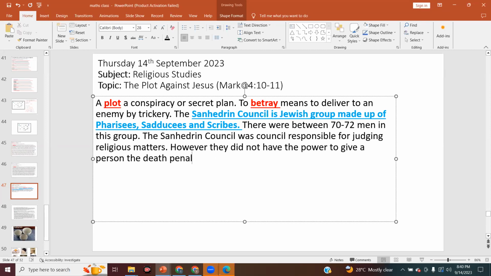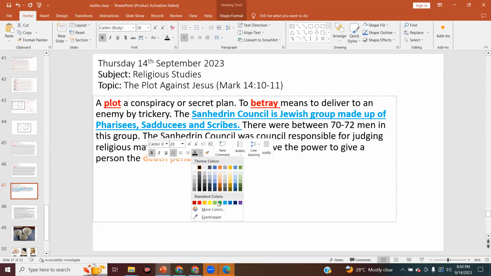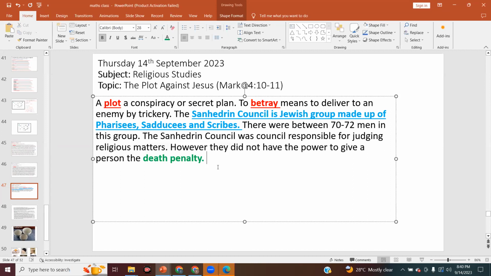They were allowed to judge in affairs, but they could not give the death penalty, because they were a part of Rome, and so people like Caesar and the governors could administer the death penalty, but not the chief priests.